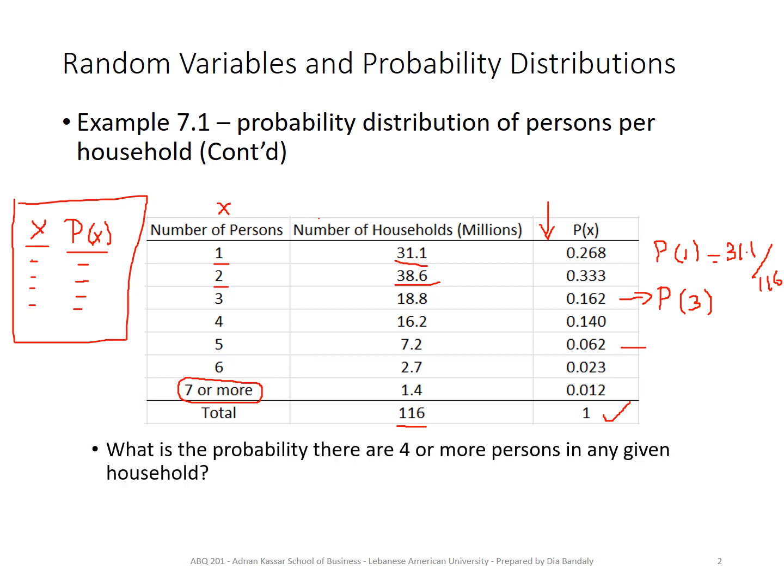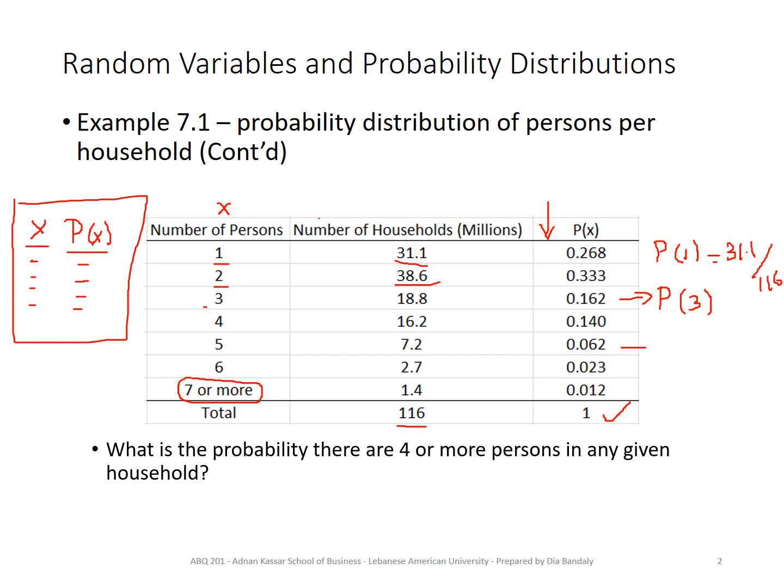What's the probability that there are 4 or more persons in any given household? 4 or more. So this is equal to P of 4 plus P of 5 plus P of 6 plus P of 7 or more.